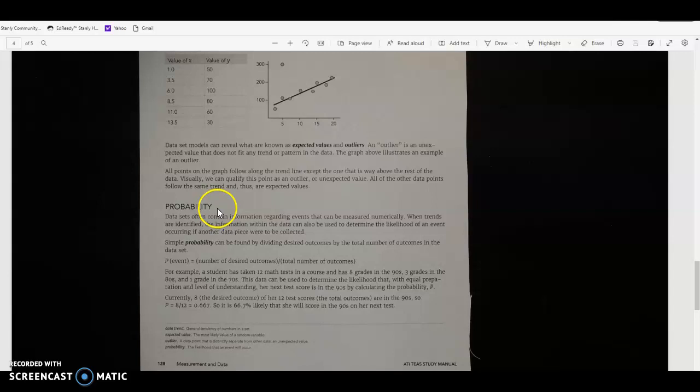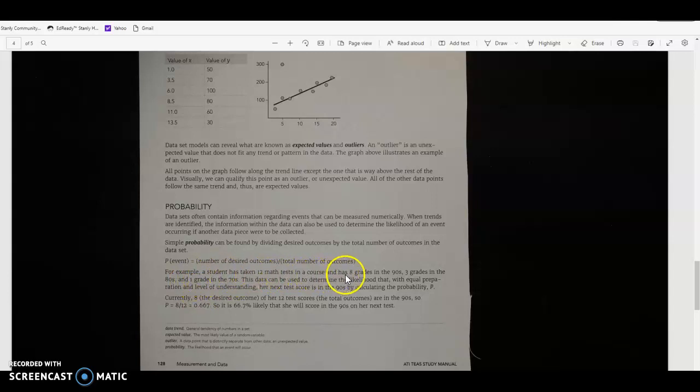But for the TEAS test, you're not going to have to get too in depth in probability or statistics. Now, simple probability can be found by dividing your desired outcomes by the total number of outcomes in the data set. So the probability of an event occurring is equal to the number of desired outcomes divided by the total number of outcomes. And this is an example.